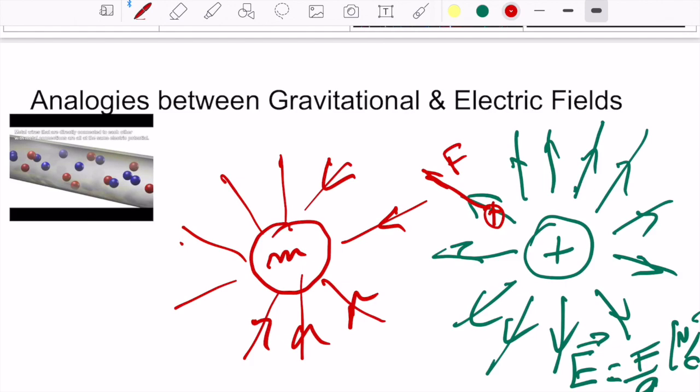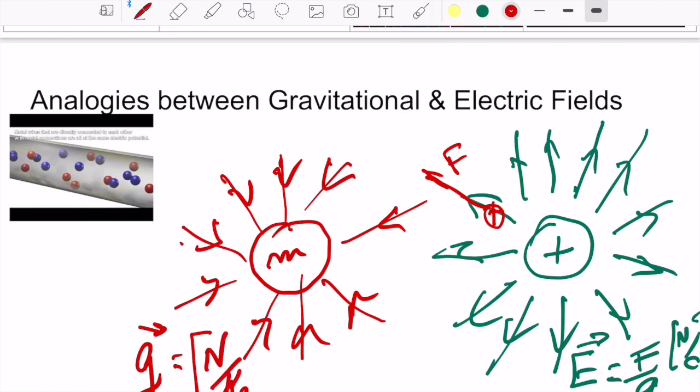One of the differences is that we call the electric field E, and we measure it in newtons per coulomb. And the gravitational field, we call it g for gravity. So the unit is newtons, force, per kilogram, mass. The definition is, again, force per unit mass.